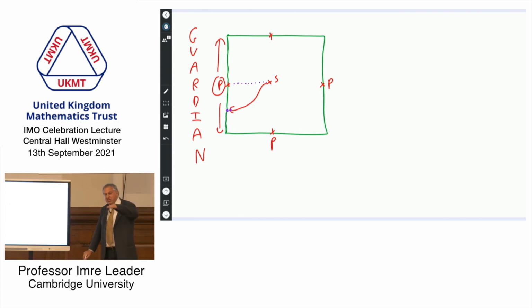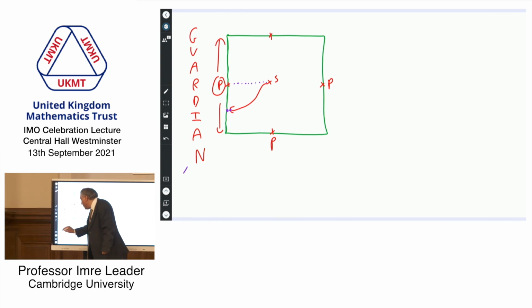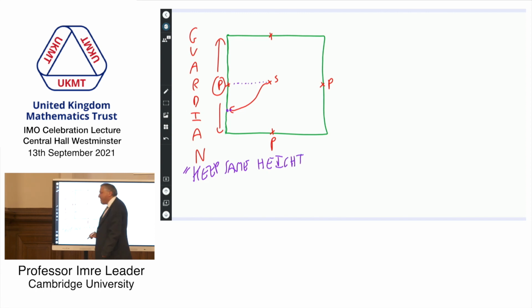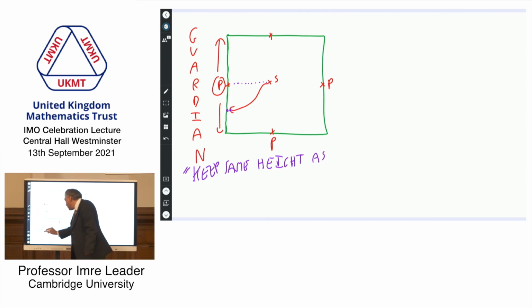So that suggests that here's what this guardian porter should do. He should just say, always stay at the same height as the student. Does that make sense? So always keep the same y coordinate as the student. So his rule is keep same, and if I write y coordinate, it sounds like it's scary maths, but height sounds unscary. Keep same height as the student.